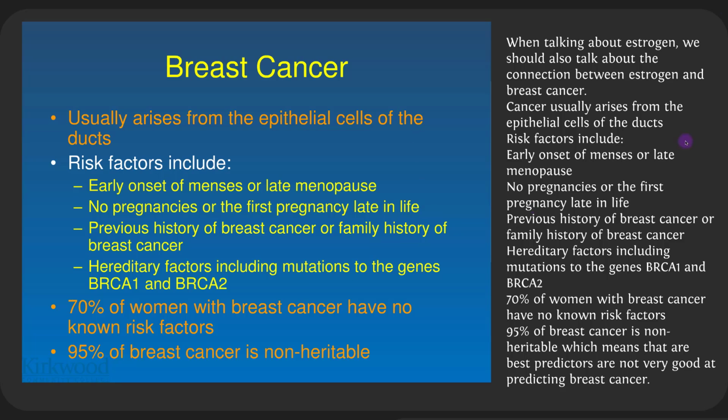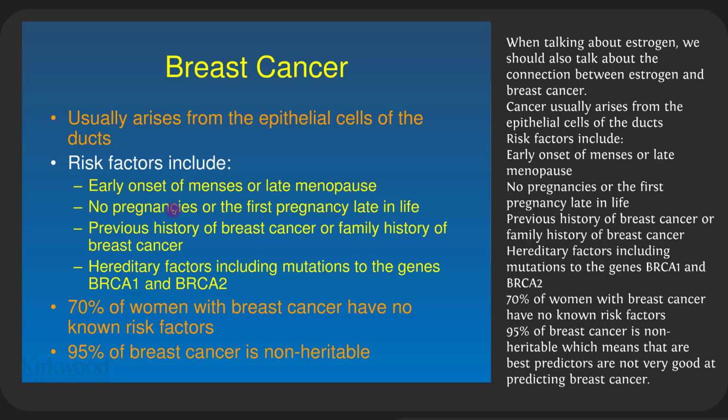When talking about estrogen, we should also talk about the connection between estrogen and breast cancer. Cancer usually arises from the epithelial cells of the ducts. Risk factors include early onset of menses, so the beginning of the cycle early on, or late menopause, no pregnancies or first pregnancy late in life. The reason for this one is that estrogen is thought to promote cancer, but progesterone is thought to offset the effects of estrogen.